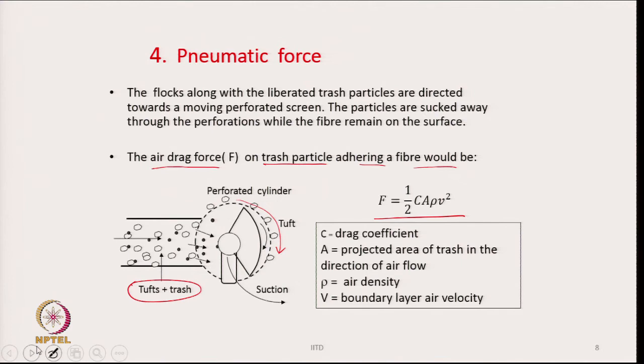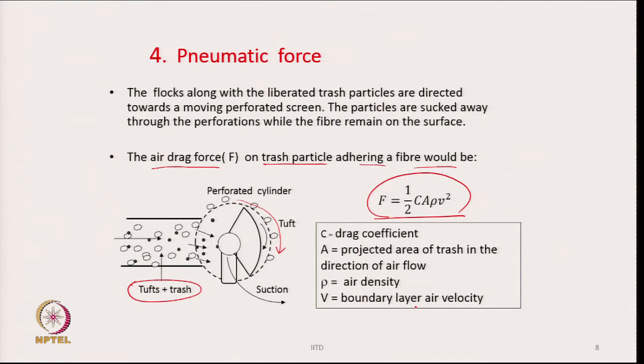That is, when a trash particle is resting on a fiber, and let us say the fiber is resting on the perforated drum, then the trash particle will be subjected to the drag force, which is equal to half C A rho V square, where C is the drag coefficient, A is the projected area of the trash in the direction of the airflow, rho is the air density, and V is the boundary layer air velocity.